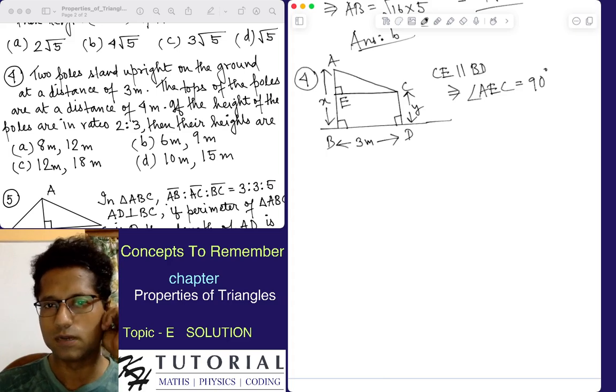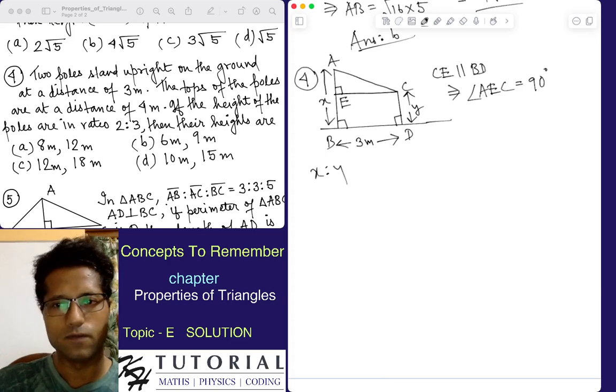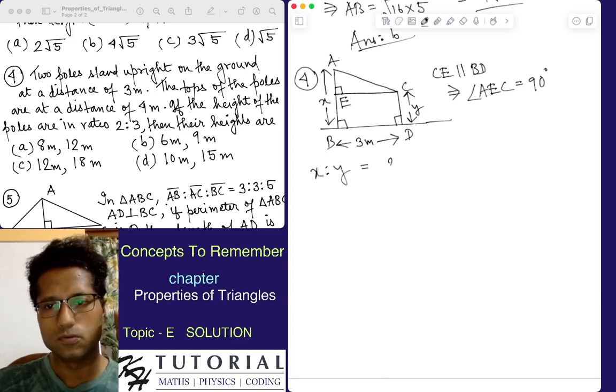The ratio of the poles is given. It is given x is to y is equal to 2 is to 3.